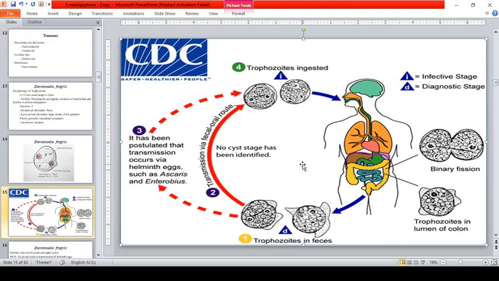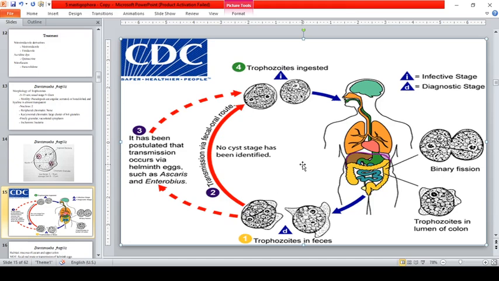Okay, so same thing that is ingested. Binary fission occurs, and the trophozoites are in the lumen of the colon. So it has been postulated that transmission occurs via helminth eggs such as Ascaris and Enterobius.